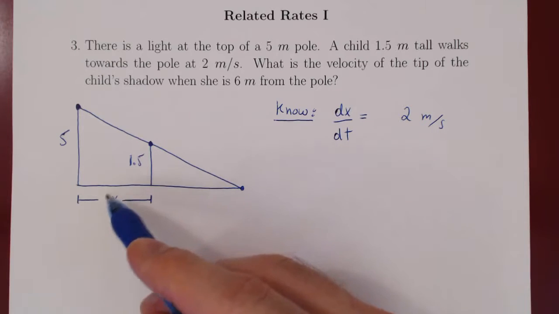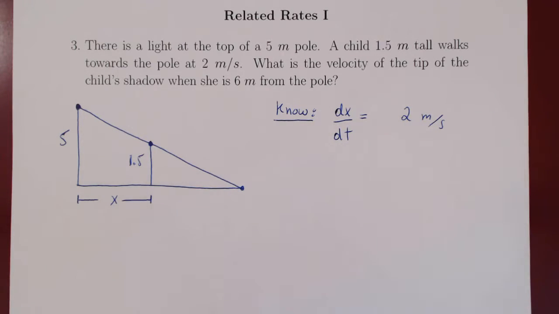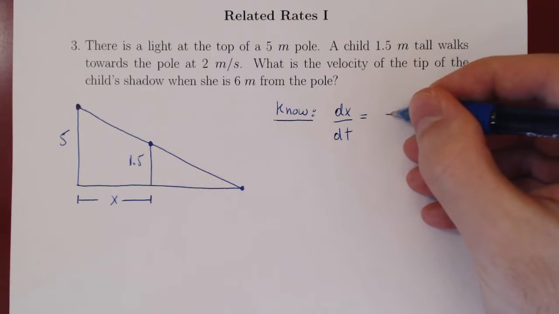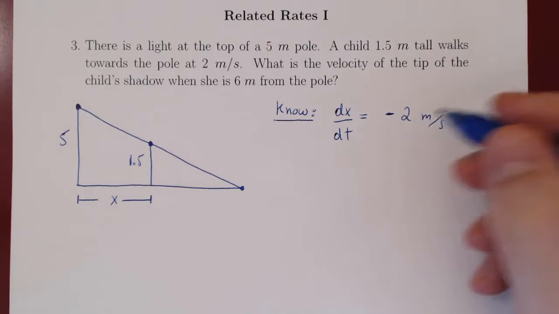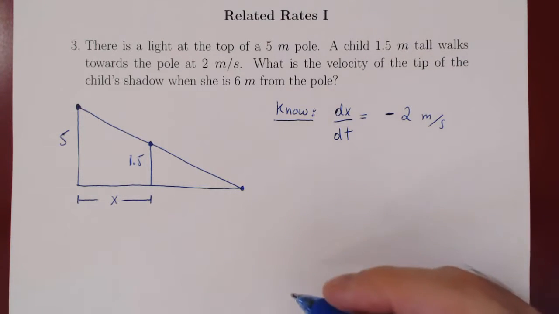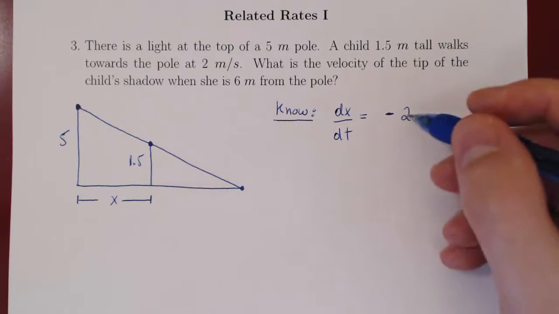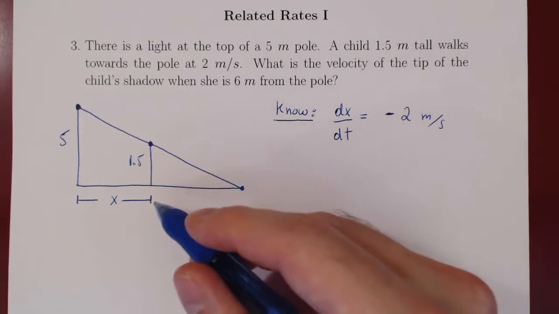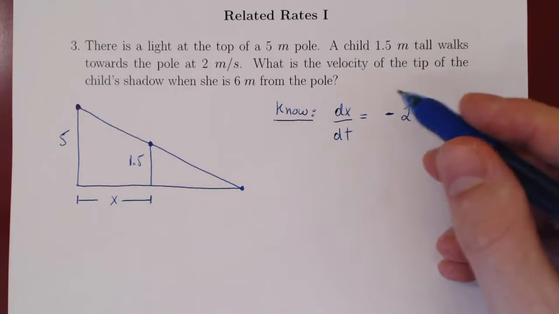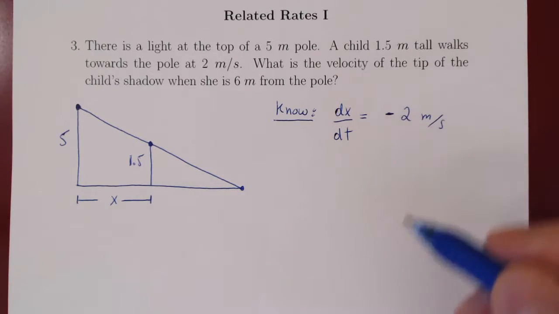Because x is decreasing as a function of time, it has a negative derivative, a negative rate of change. So you really have to be careful about this. When variables are increasing as functions of time, they have a positive rate of change, but when variables are decreasing as functions of time, they have a negative rate of change.